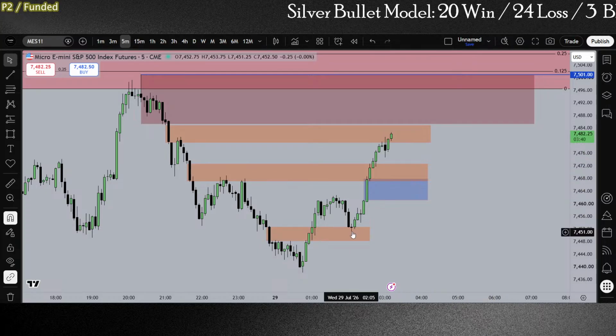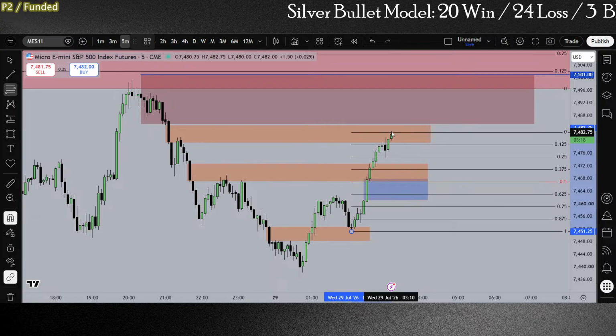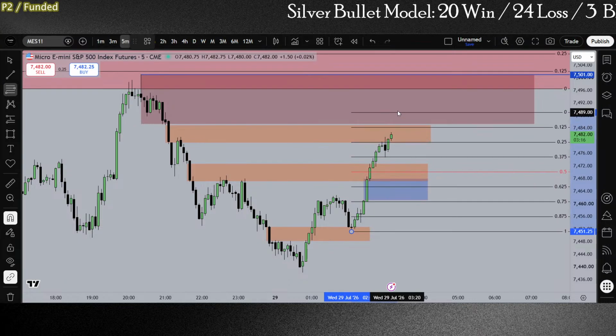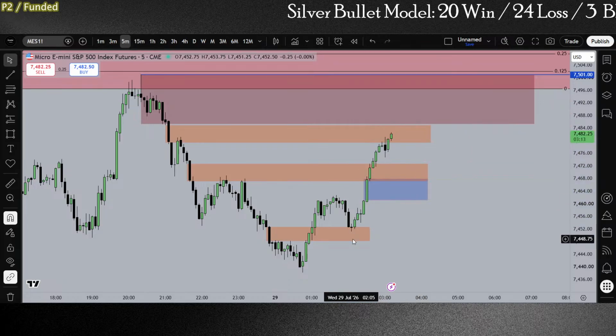So basically, ever since this low was formed and this displacement higher followed, we didn't see any retracements into discount that we would reasonably expect, right? So measuring from this low to whatever the high will be of this range, I would expect a retracement into that range to then serve a potential continuation, right?